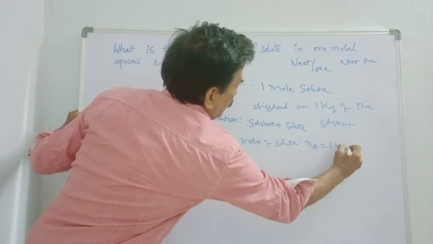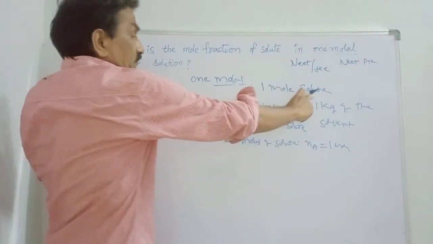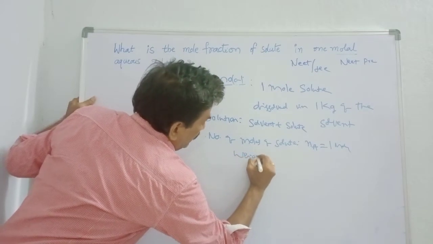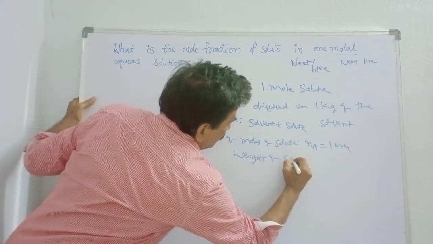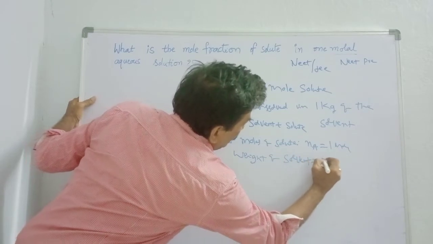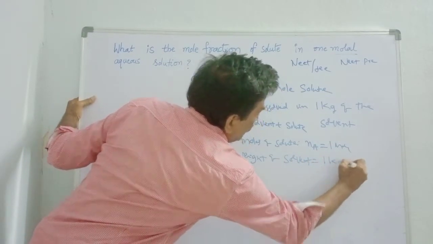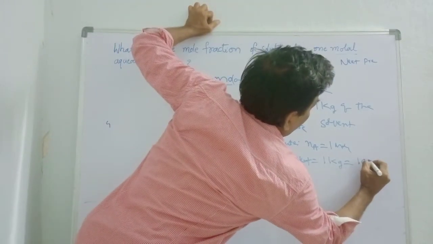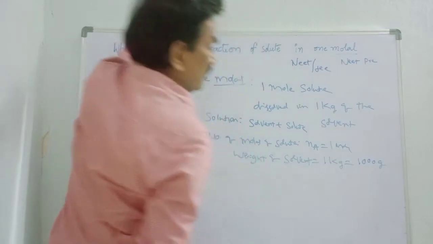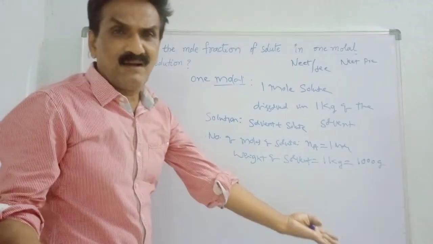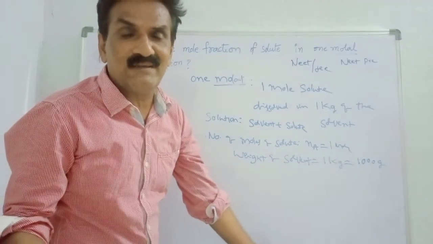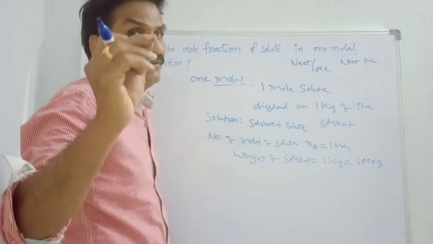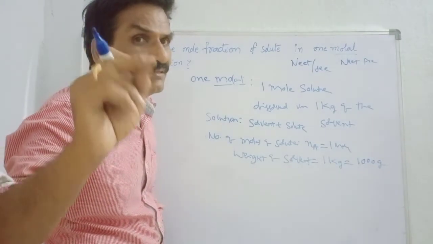At the same time, 1 kg of the solvent, weight of the solvent, 1 kg means 1000 grams. What is the solvent here? Water. Universal solvent. You can say all the substances in this universe will be dissolved in water. So please note it. Water may be called a universal solvent. Okay.